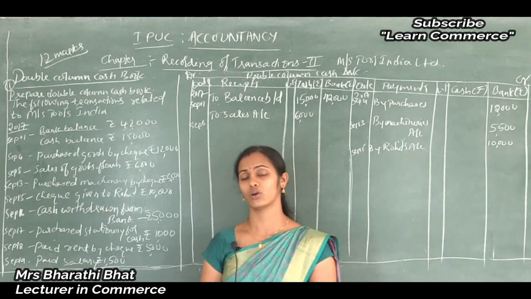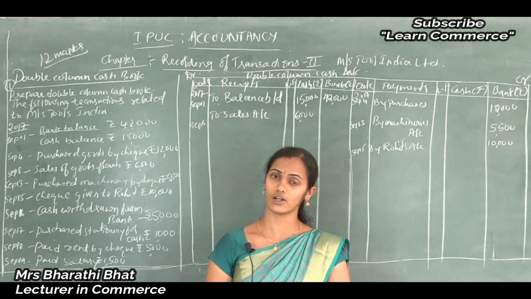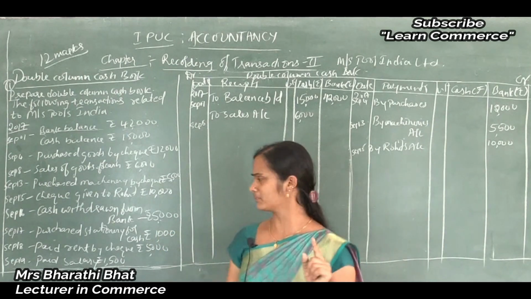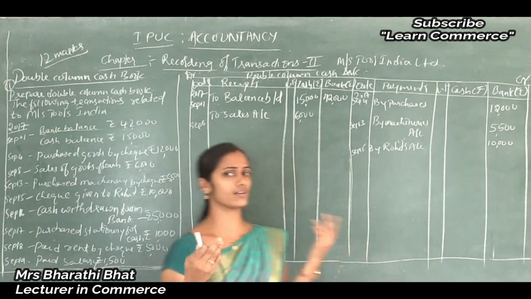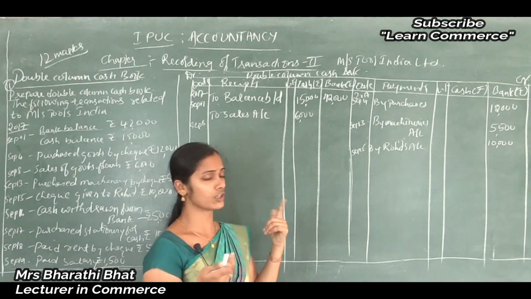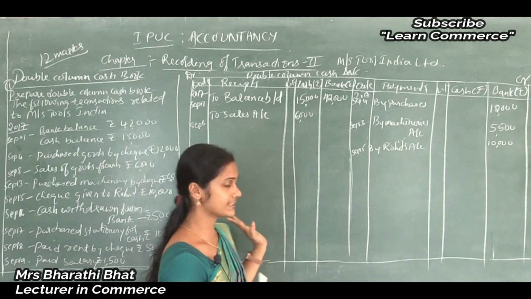For such a transaction we need to pass an entry. So how do we write it, which one should we consider, cash or bank? That's why we need to pass a contra entry.